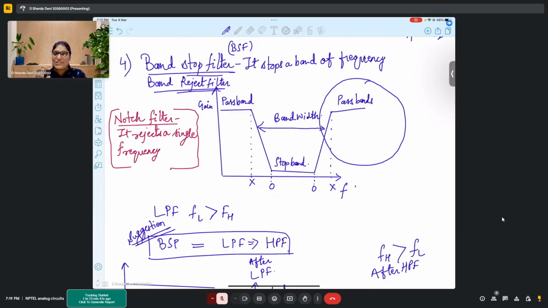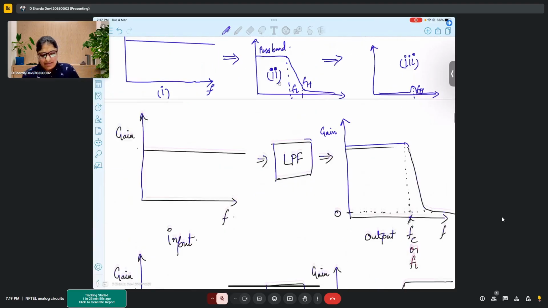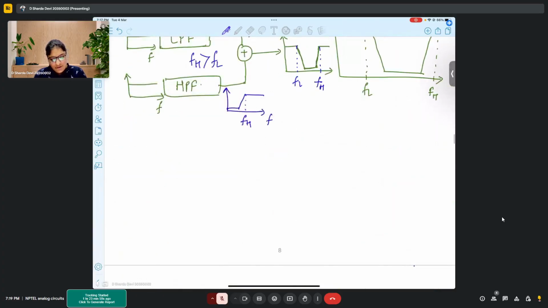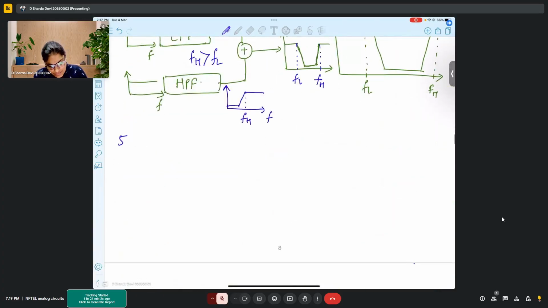You will find special designs for notch filter. All right. So till now we have done high pass, low pass, band stop, band pass filters. There is one more basic filter which is there. We call it a fifth filter, right? All pass filter.